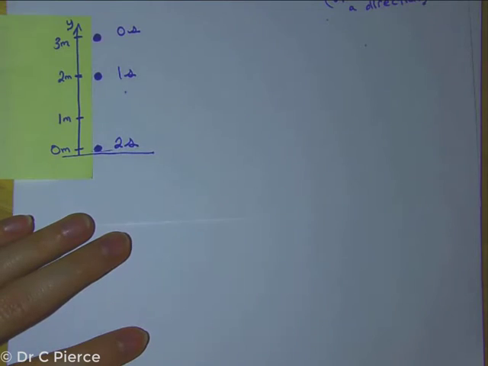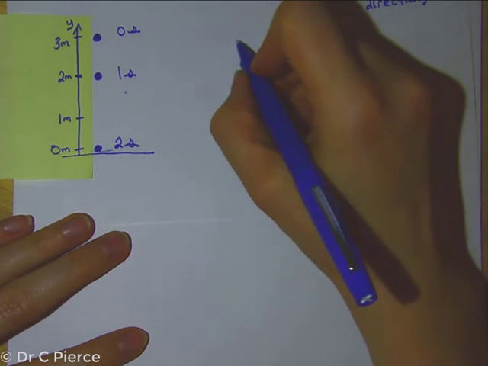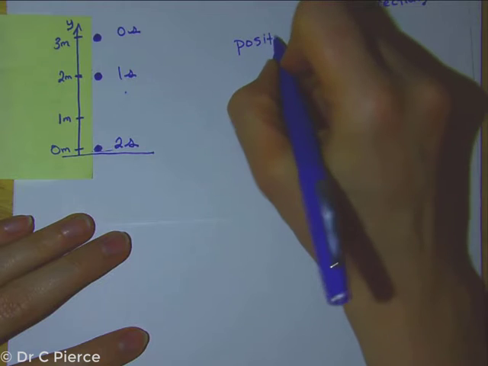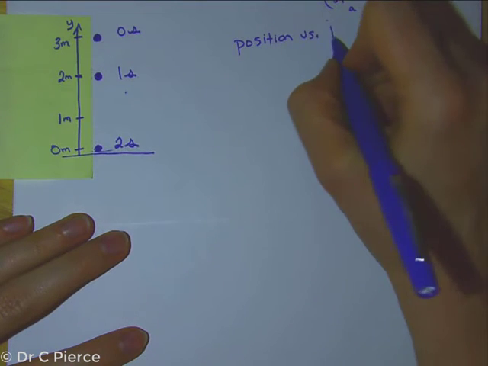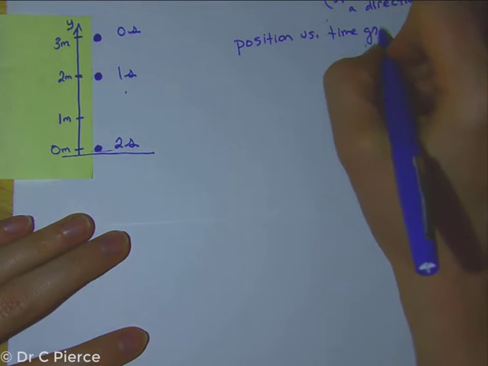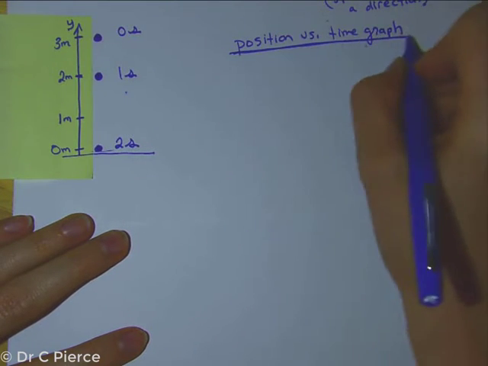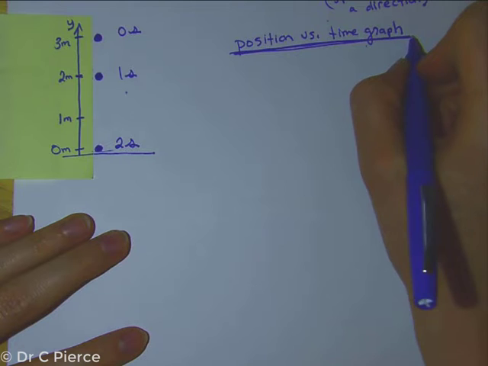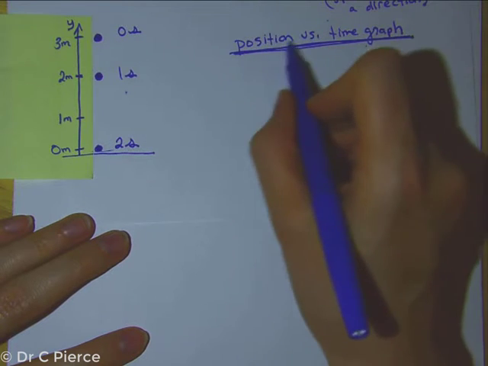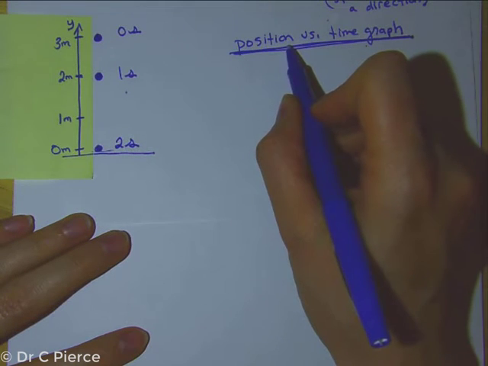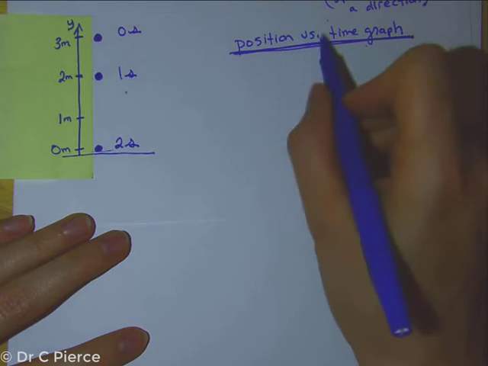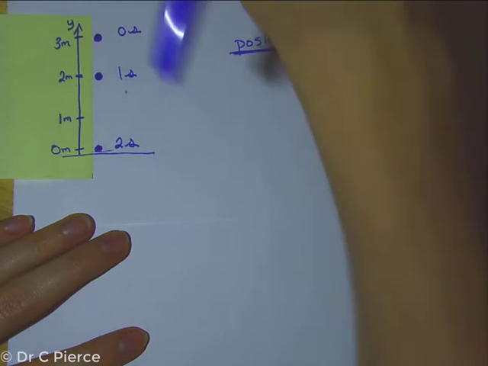What we could do with this is turn it into a position versus time graph. And here's an important thing that you should just remember all semester, especially when you're dealing with labs: whatever is listed first is meant to be on the y-axis, and whatever's listed second is meant to be on the x-axis.